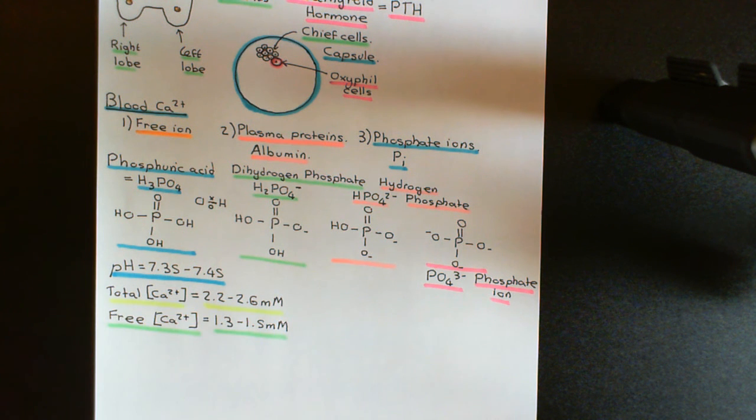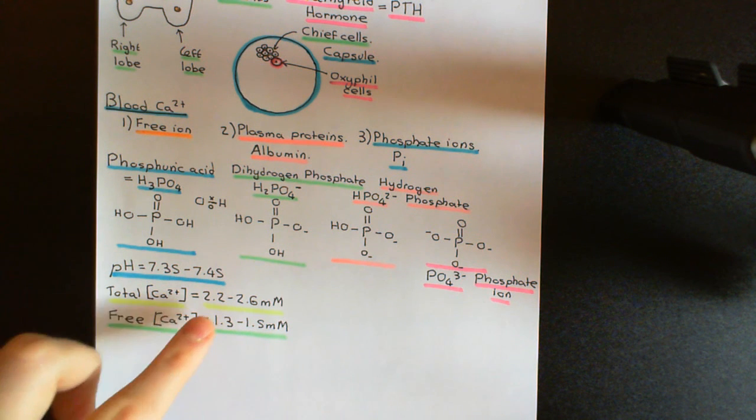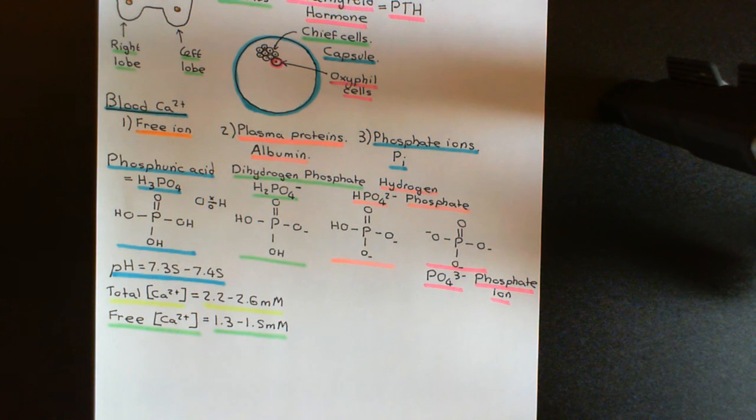Instead, we end up measuring total calcium concentration, i.e. not just the concentration of the free calcium ions, but also the concentration that we get from calcium that was bound to plasma proteins such as albumin in the blood, and also calcium that was bound to phosphate ions within the blood. So total calcium concentration is therefore higher than free calcium concentration, and that usually is between 2.2 and 2.6 millimolar.